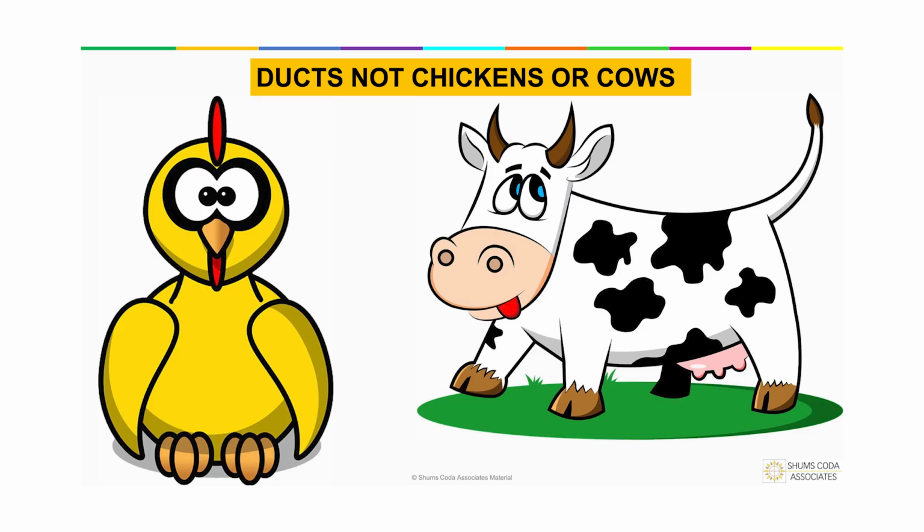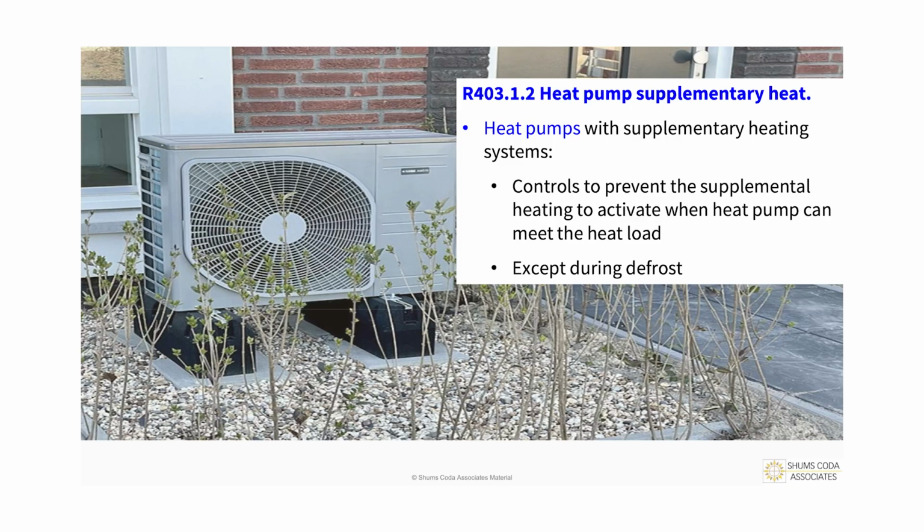Yes? I guess, can we talk a little bit more about the heat pump controls? Is there an exception for at what point your heat pump is so inefficient that it would make more sense to switch to a supplemental heat system? Not in the 21. In the 24, yes. In the 24, they took into account a lot of things.